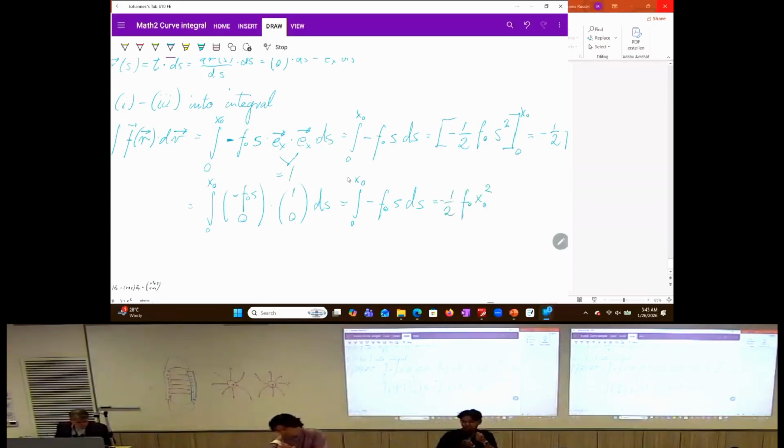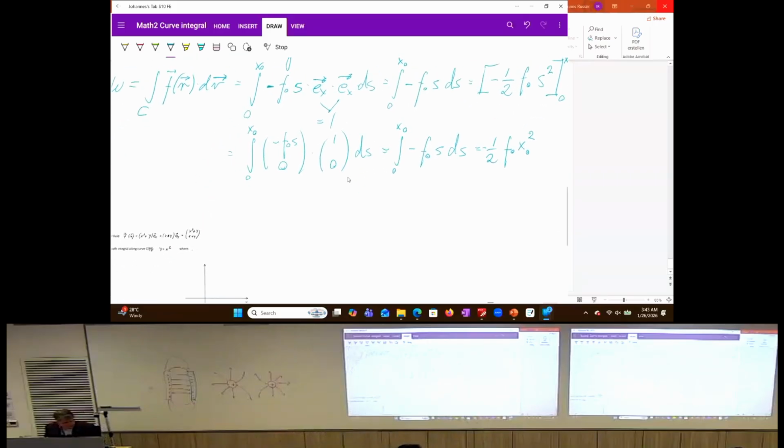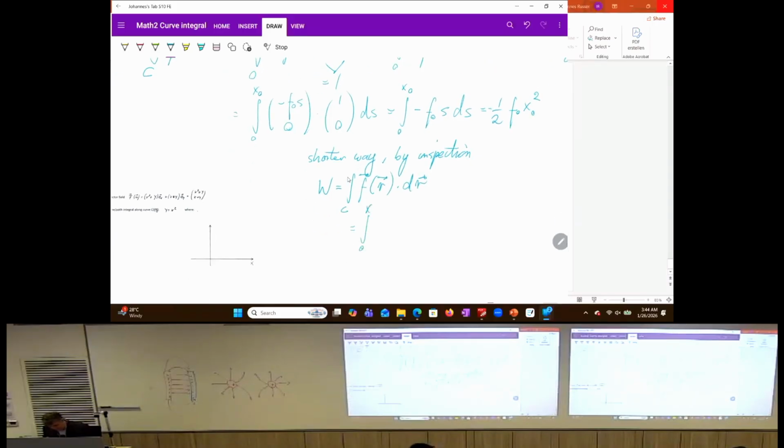Okay, in short, you could have done it also just by inspection, and it seems to be a bit cumbersome right now to do that all the way with these 3 steps. You could have done it much shorter. You could have said that your work has to be integrated along the curve c over f of r times dr, and the curve runs from 0 to x naught.